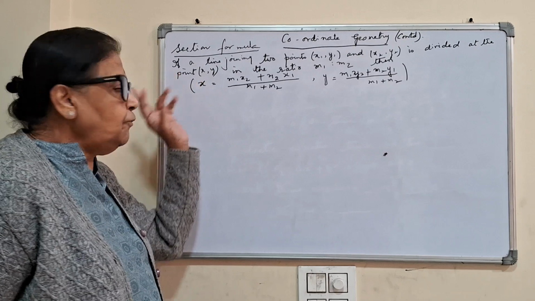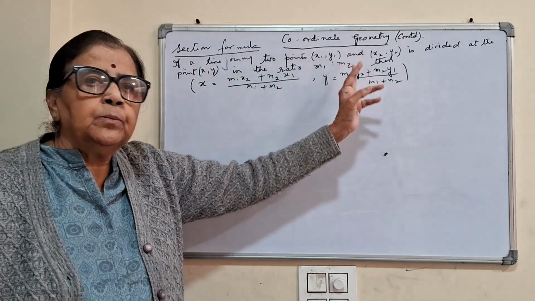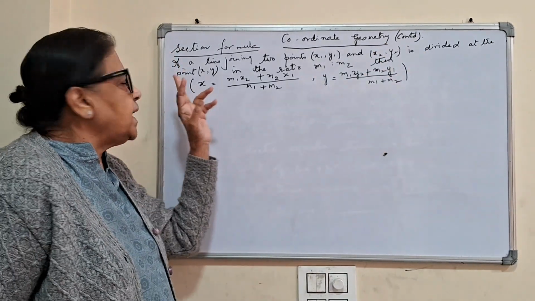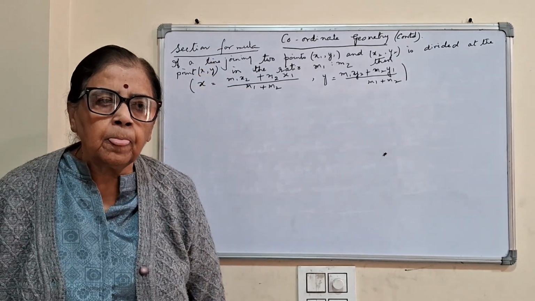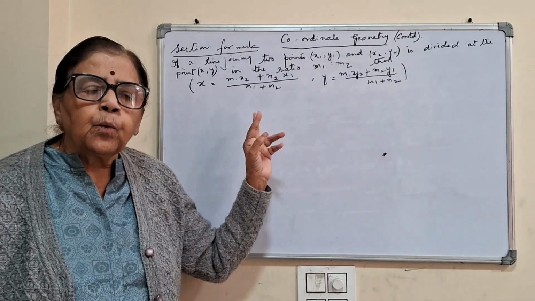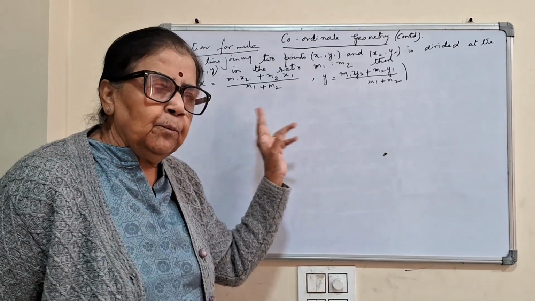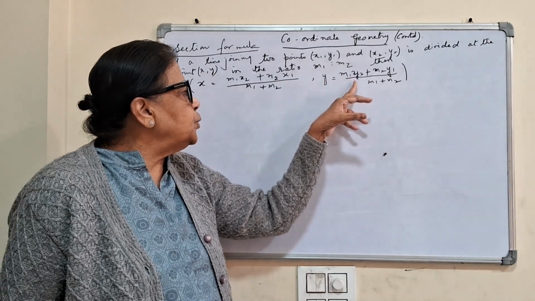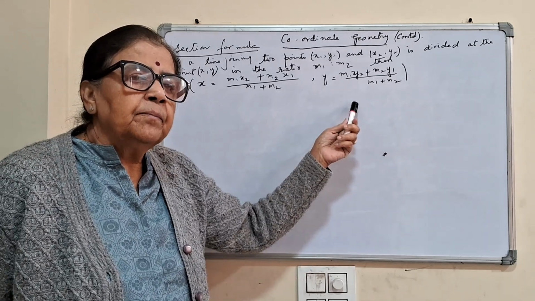If a line joining 2 points x1, y1 and x2, y2 is divided at the point x, y in the ratio m1, m2, then x is equal to (m1 x2 plus m2 x1) divided by (m1 plus m2), comma, y is equal to (m1 y2 plus m2 y1) divided by (m1 plus m2).